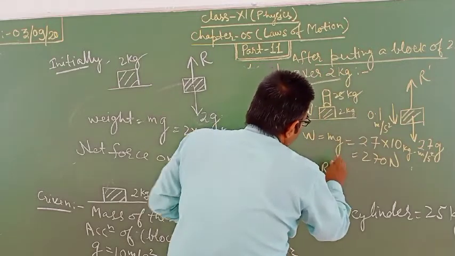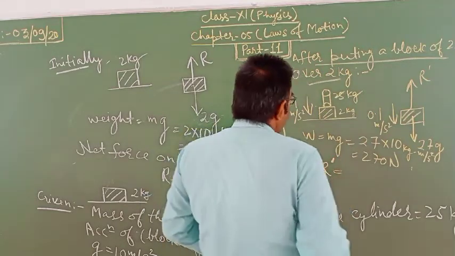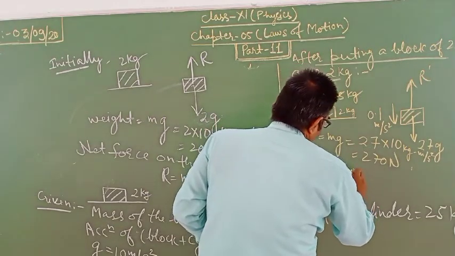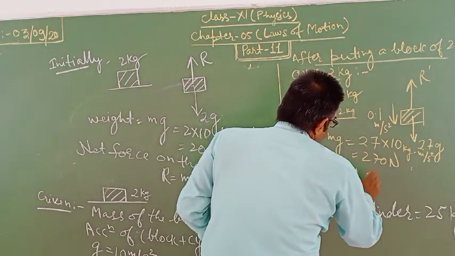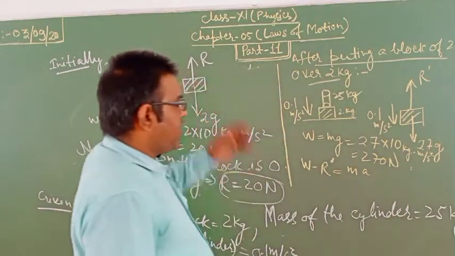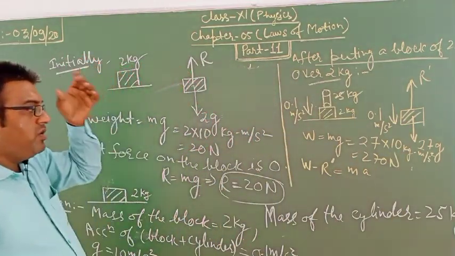That is, W minus R dash is equal to M into A.